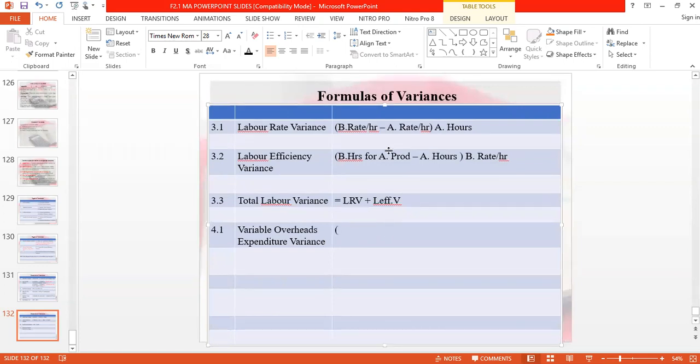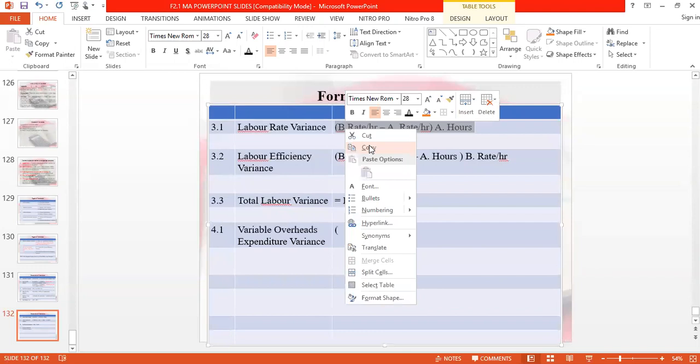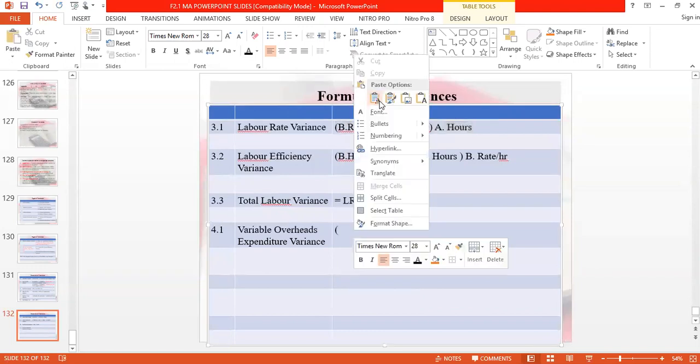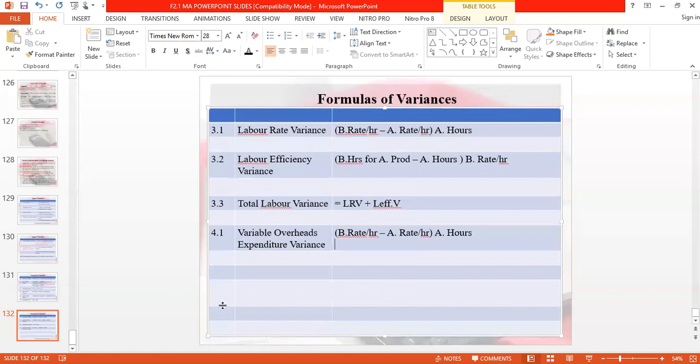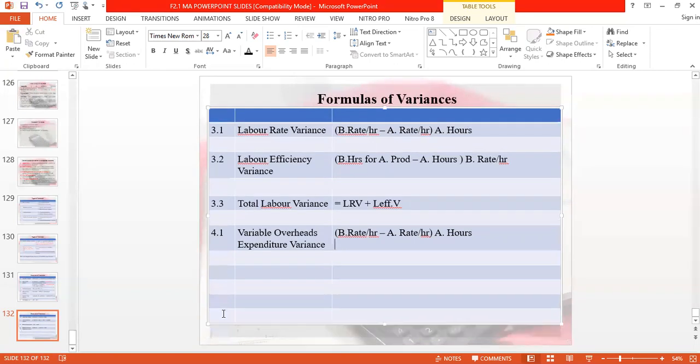It is the same as labor rate variance. The formula is the same, but you use the variable figures.